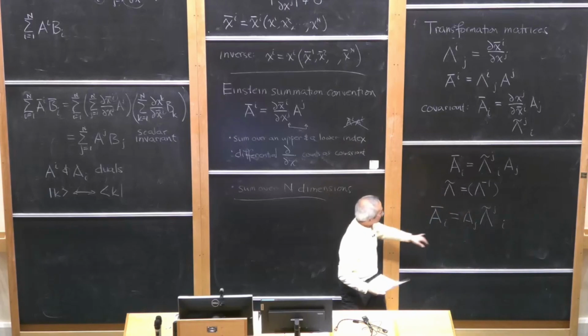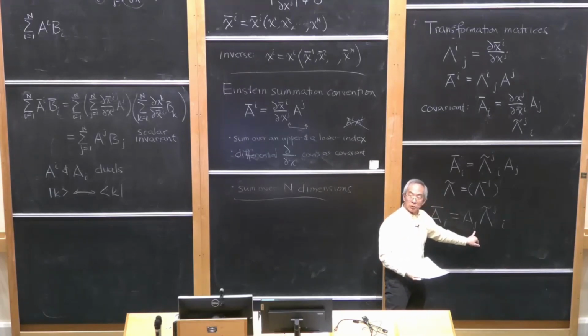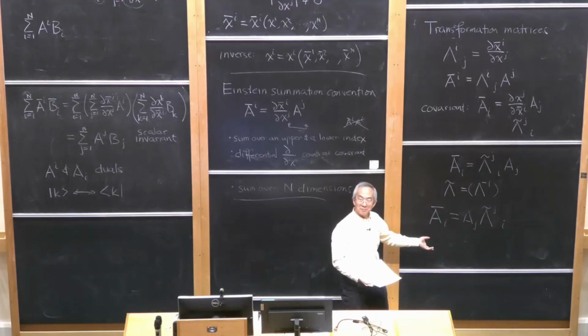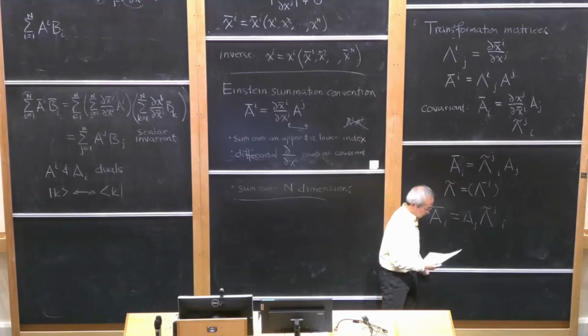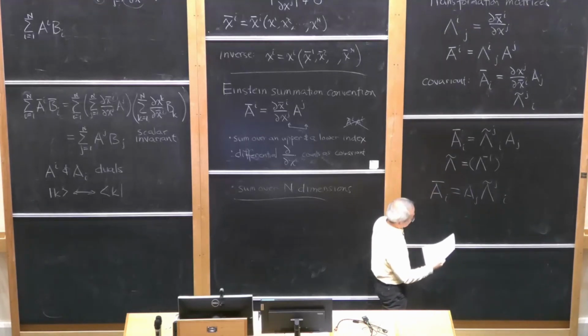That enables you to have the indices you're summing over right next to each other, which is how you like to do matrix multiplication. So sometimes we will see that. I think that's about it for now.